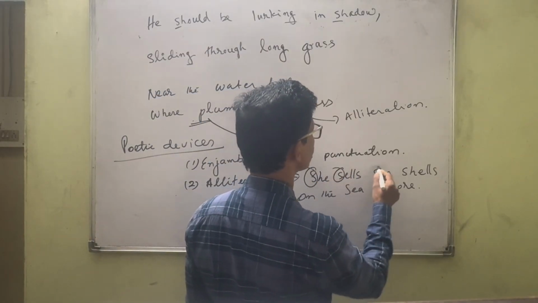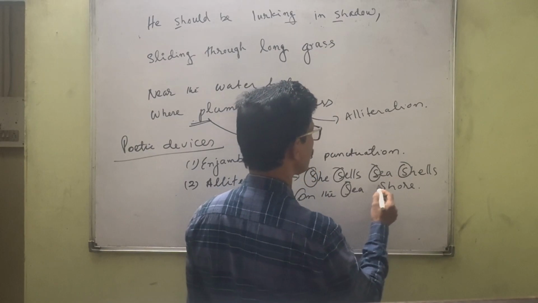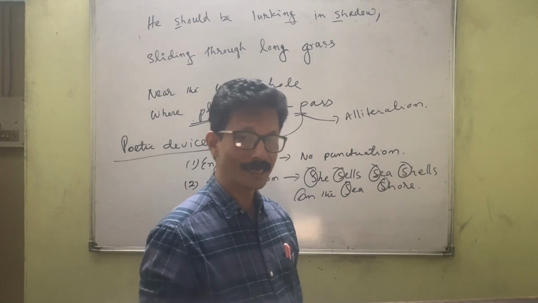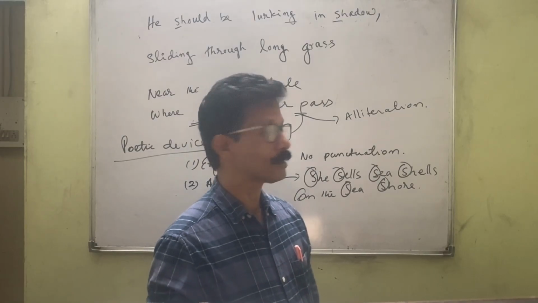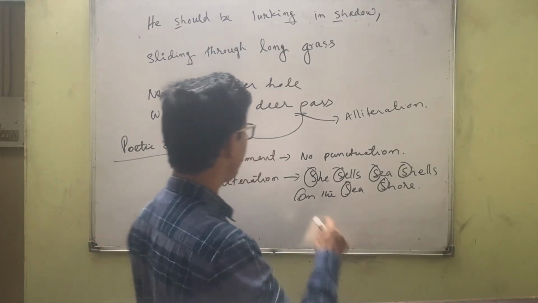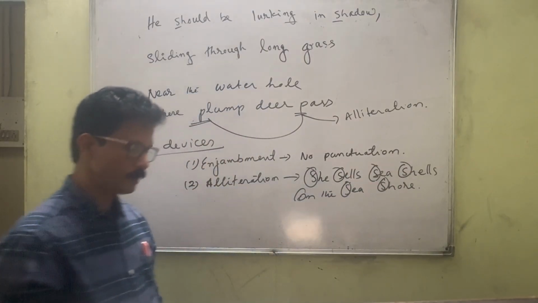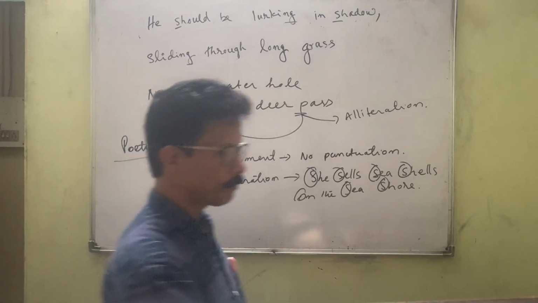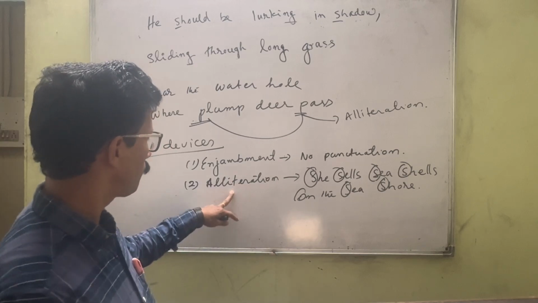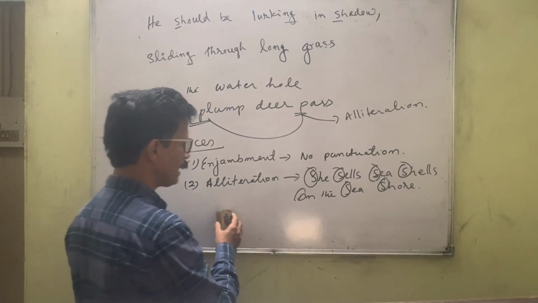You can see the consonant letter S is repeated a number of times, I mean, at the beginning. That is very important to understand: at the beginning of closely placed words. That's my point. This is all about the second poetic device used in this poem, that is alliteration.